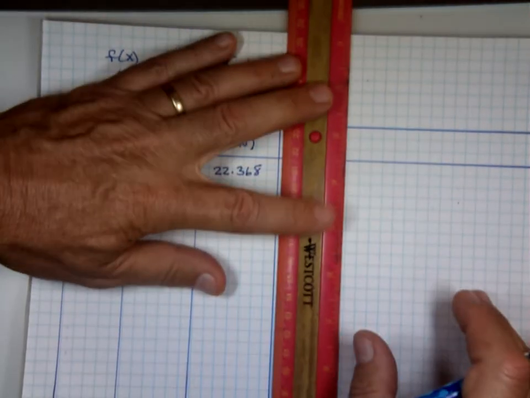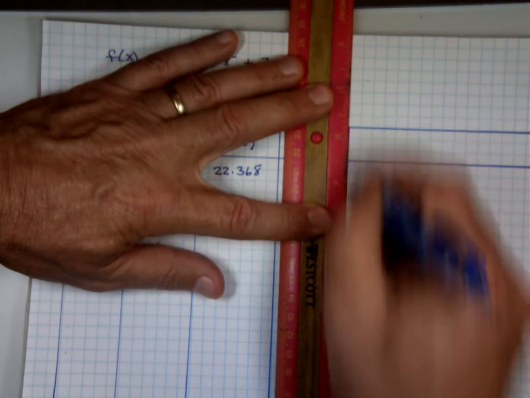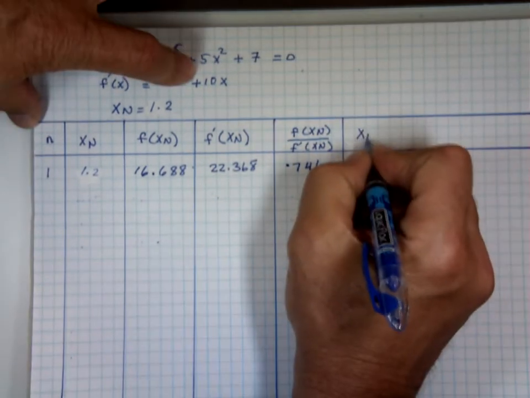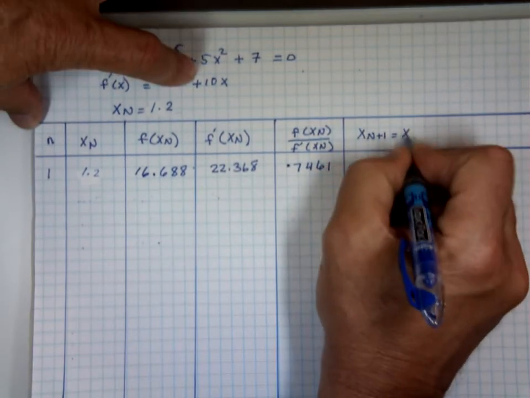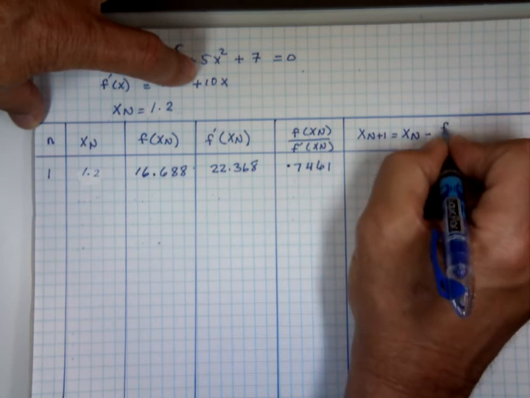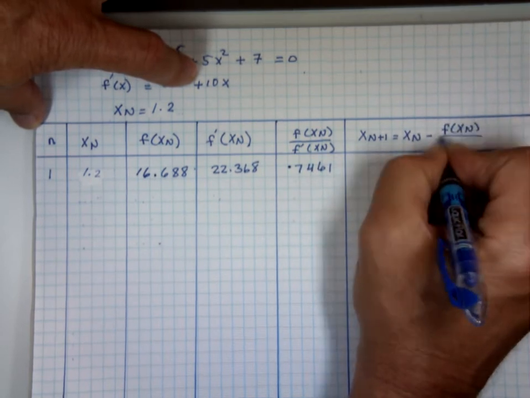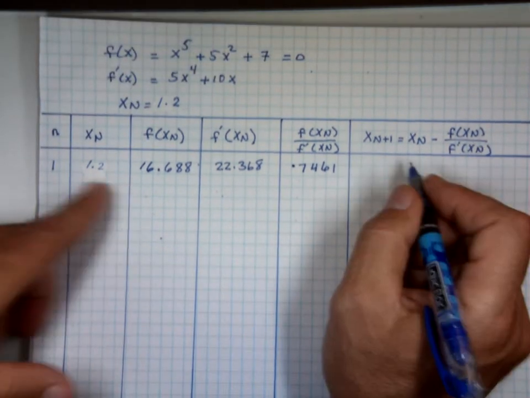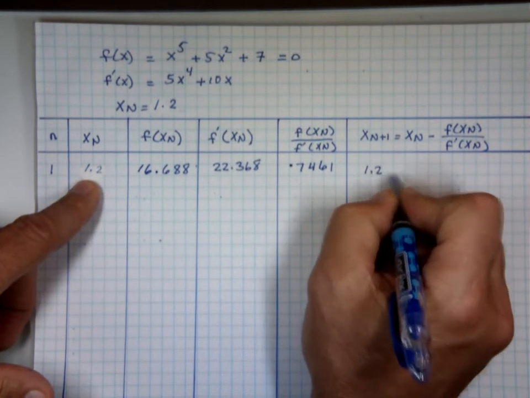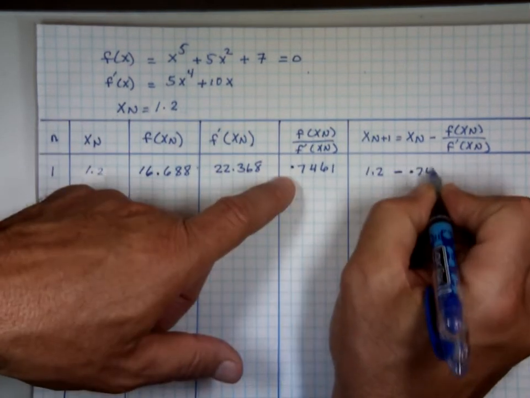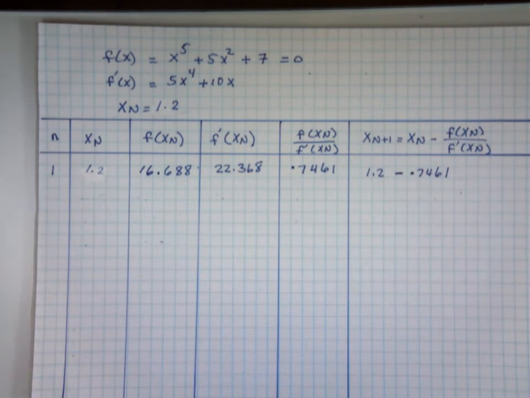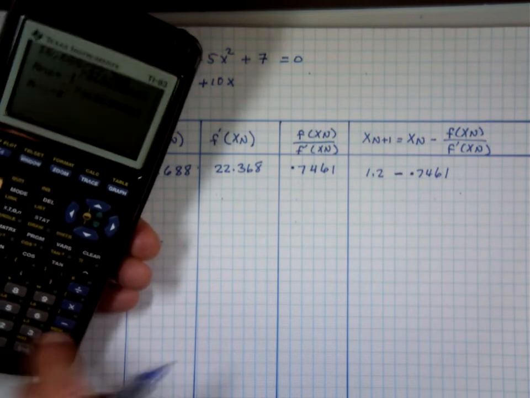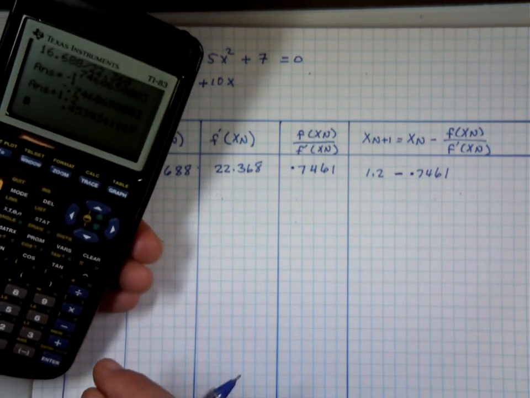Now the next number is going to be the 1.2 minus the 0.7461, which is 0.45393.